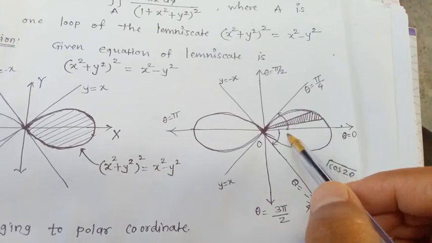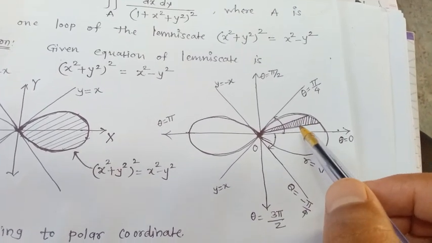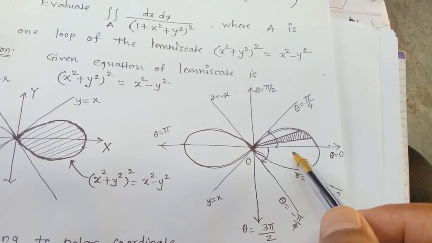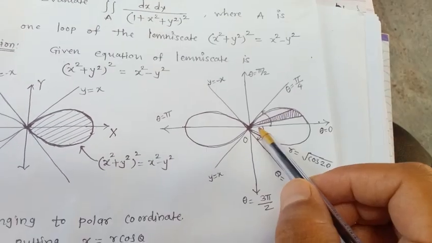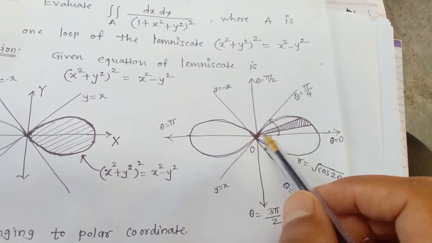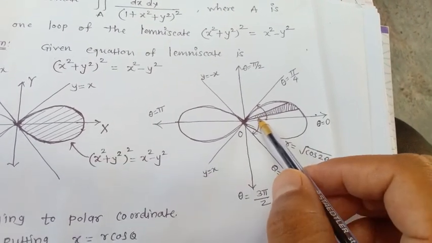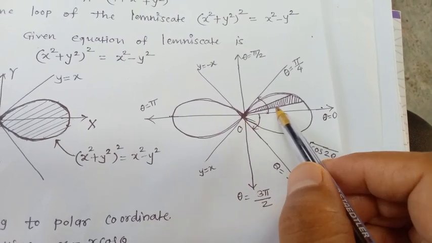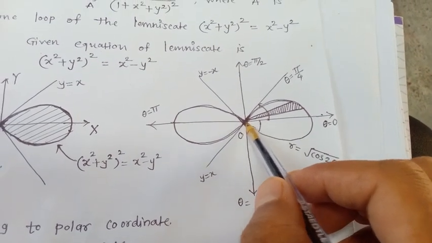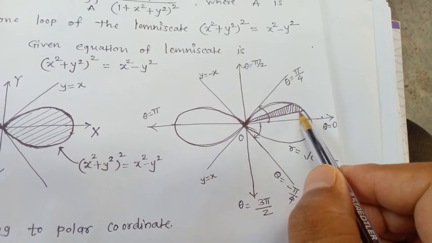Now our target is to find the double integral using the polar coordinates. And for this we have to find the limits of r and theta. For this I have drawn one shaded strip, and this strip we can draw randomly. We can observe this strip is starting from the origin and ending at this curve of the loop.